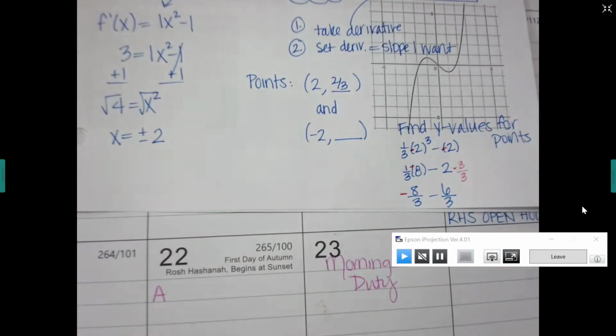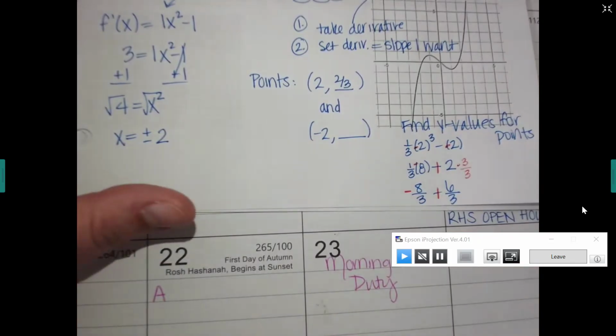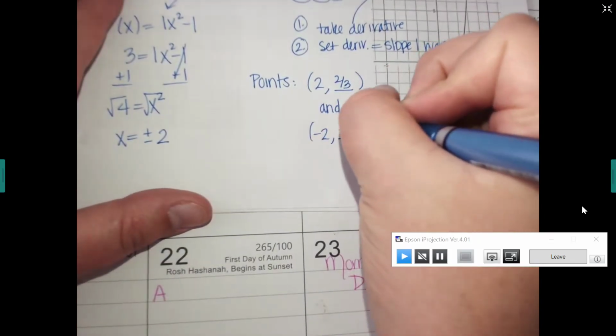And then if I'm doing a minus on a -2, what's that going to change to? Now it's a plus, which will turn into a +6/3. -8/3 plus 6/3 would be -2/3.